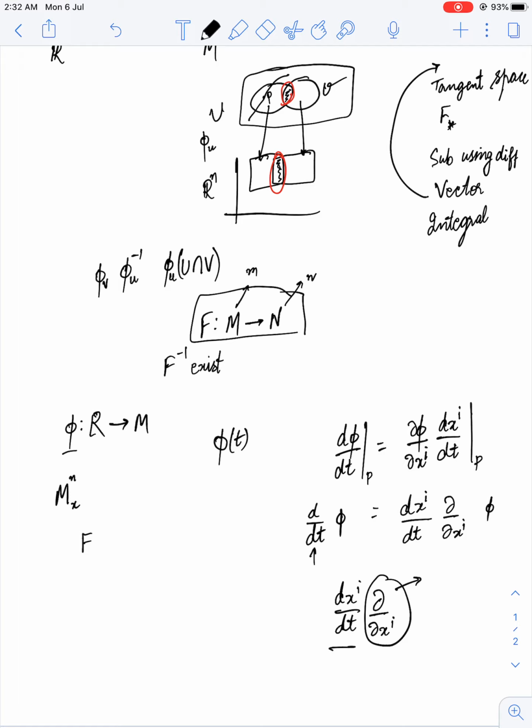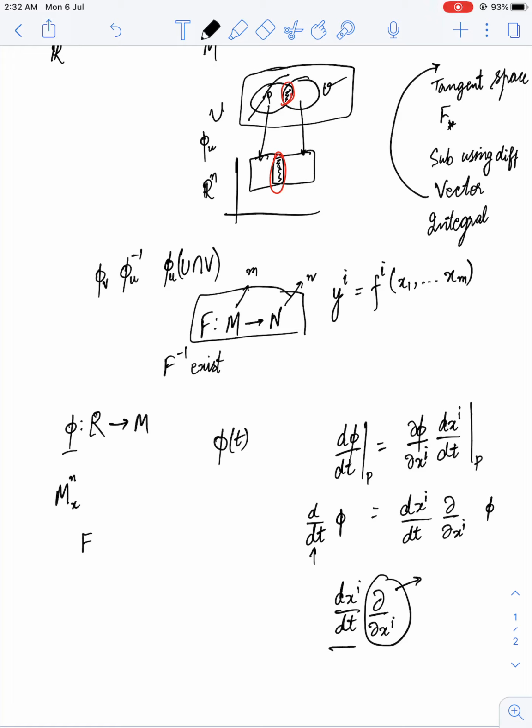So this function f consists of a set of functions, taking a patch on y in N, y^i = f^i(x^1, ..., x^m).